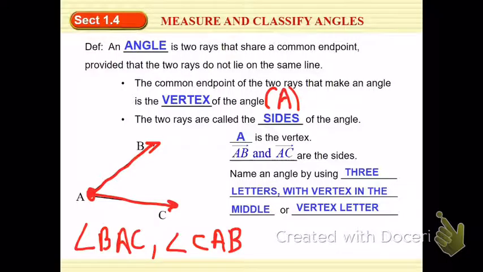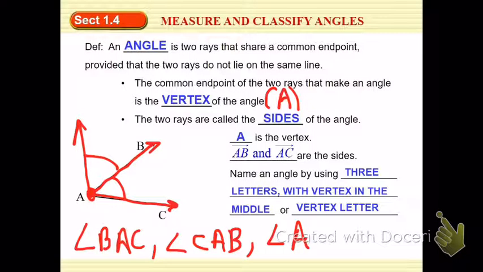Another thing, I can also name this angle A if there are no other possible angles at A. So if I had a third ray, let's say I had a ray here, now I can't name this angle A. Which A am I talking about? Am I talking about this angle? This angle?